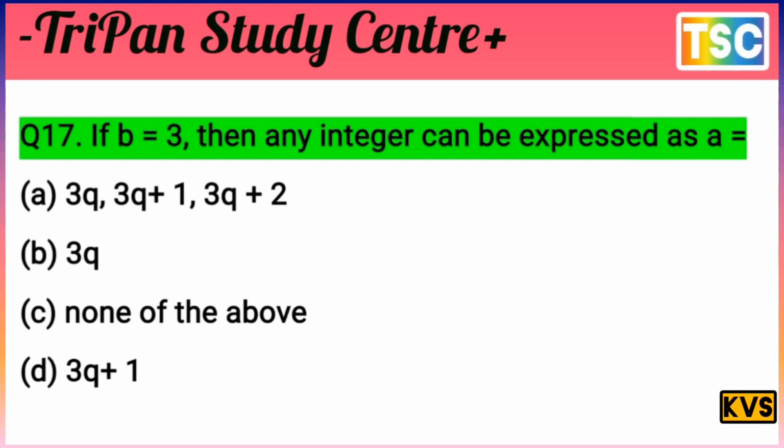It means option A is correct. If b is equal to 3, integers can be 3q, 3q plus 1, and 3q plus 2. That is the correct answer. Option A is correct. Let's see the next question.